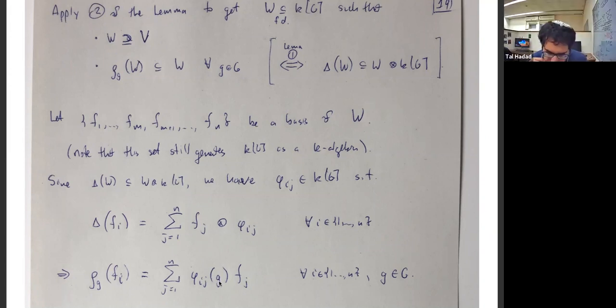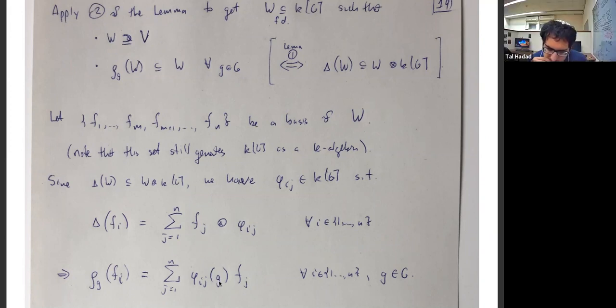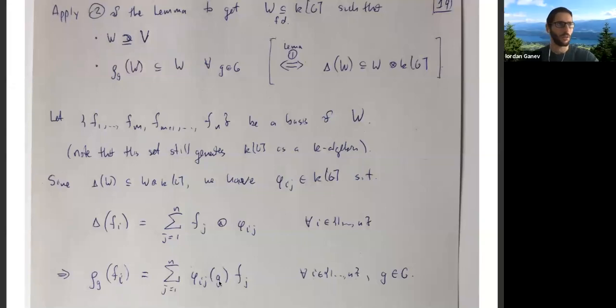I have a question about before. Why is K bracket G finite dimensional? Where did you assume it? It's not finite dimensional, but it's finitely generated as a K algebra. Why? Because G is an affine group, a linear group. And you can think of it that way, but for any affine algebraic variety, the algebra of functions is finitely generated.